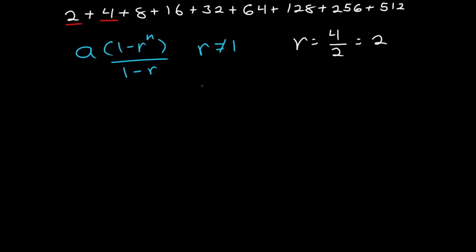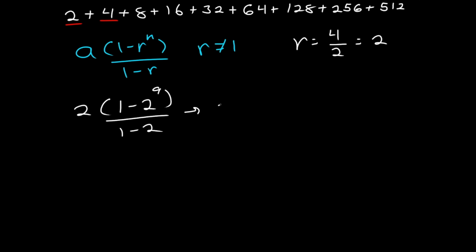Next, we can plug all of our values into our formula because our r does not equal 1. So our first term is 2 times 1 minus the common ratio, which is also 2, to the n. In our finite series here, we have 9 terms, so I'm going to plug in a 9 for our n, and divide this by 1 minus 2. Next, we can simplify this by distributing the 2 across the parentheses in the numerator.